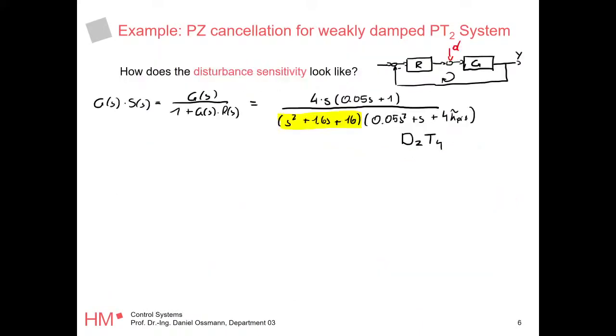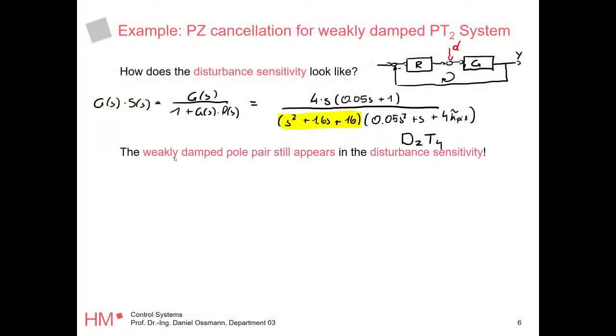And what that means, and this is always true, is that if you cancel something with your controller, you only cancel it from the complementary sensitivity function, but not from the disturbance channel, the disturbance sensitivity. Meaning that the disturbance can always excite this lowly damped behavior, and this is obviously not good.